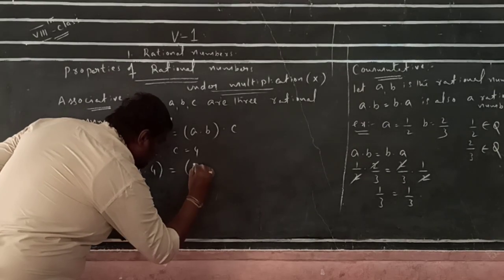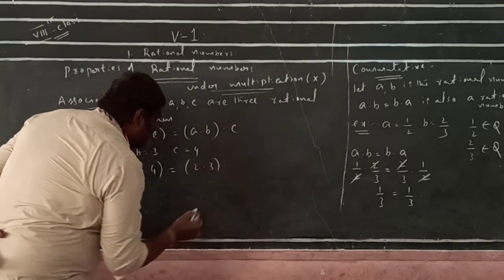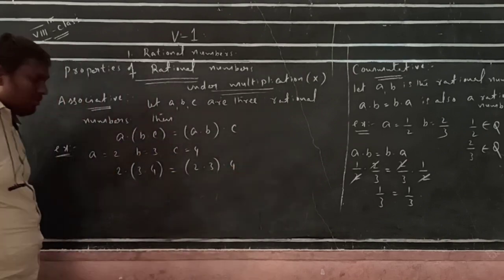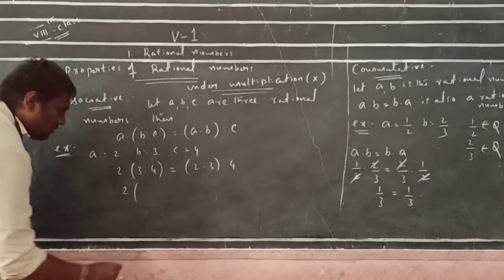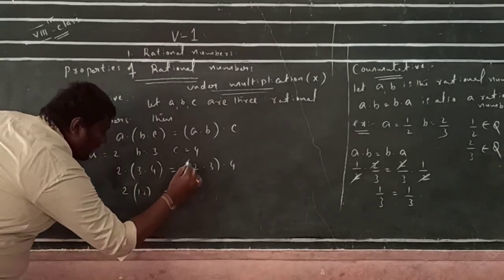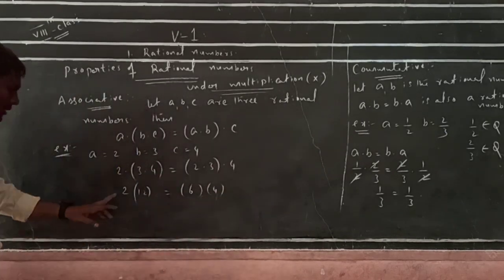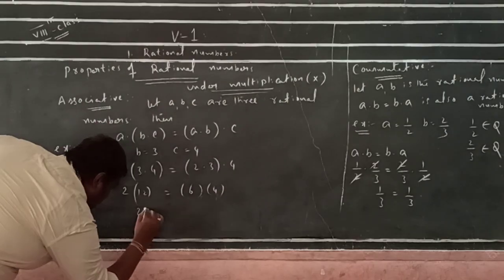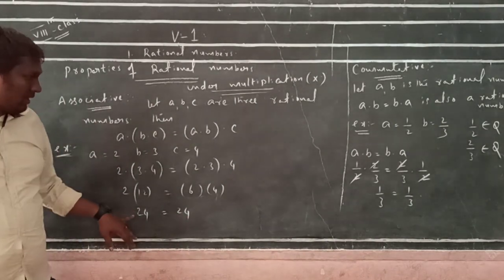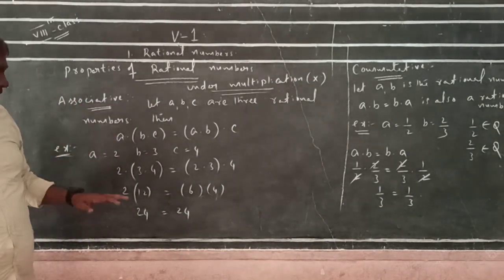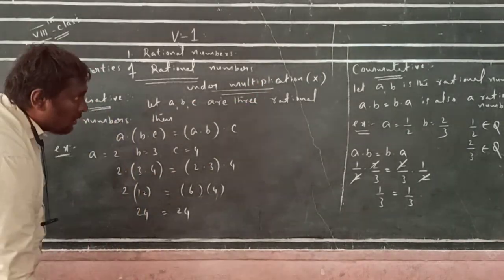Again A value is 2, B value is 3, C value is 4. Here 2 threes are 6, 6 fours are 24, here 24. This is also an associative property, satisfied under multiplication. Understand?